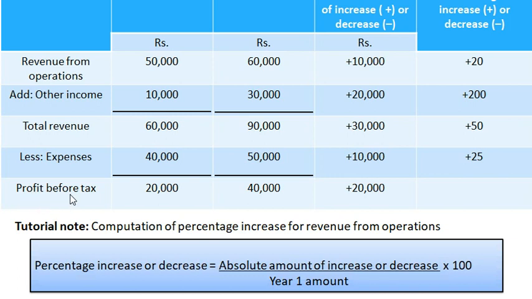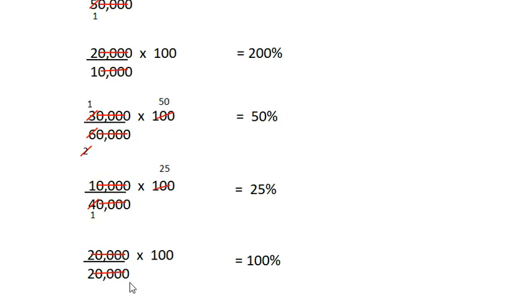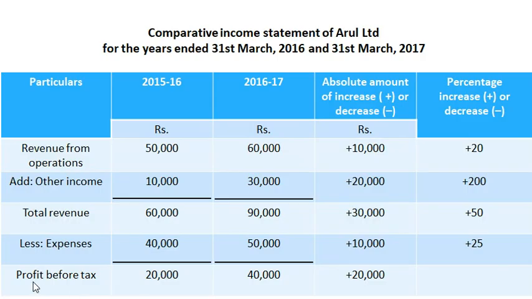Now we will find the percentage for profit before tax. Absolute amount is 20,000. Year 1 amount is 20,000. 20,000 by 20,000 into 100. 20,000 gets cancelled, so the remaining is 100. Therefore the percentage for profit before tax is 100. As the absolute amount is increasing, the percentage will also increase. This is how we will be finding the percentage for the absolute amount.